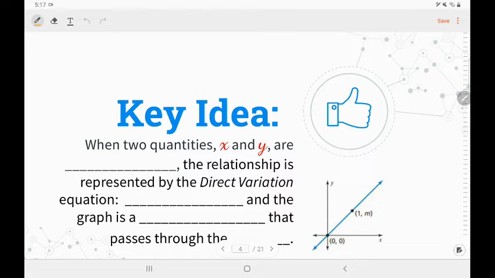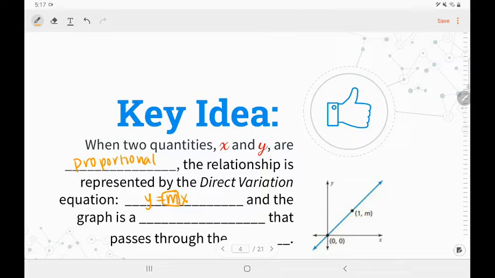So here's the biggest key idea. When two quantities, x and y, are proportional, the relationship is represented by a direct variation equation, and that is the same as my constant of proportionality equation, y equals m times x, where m is how proportional it is, or my slope.